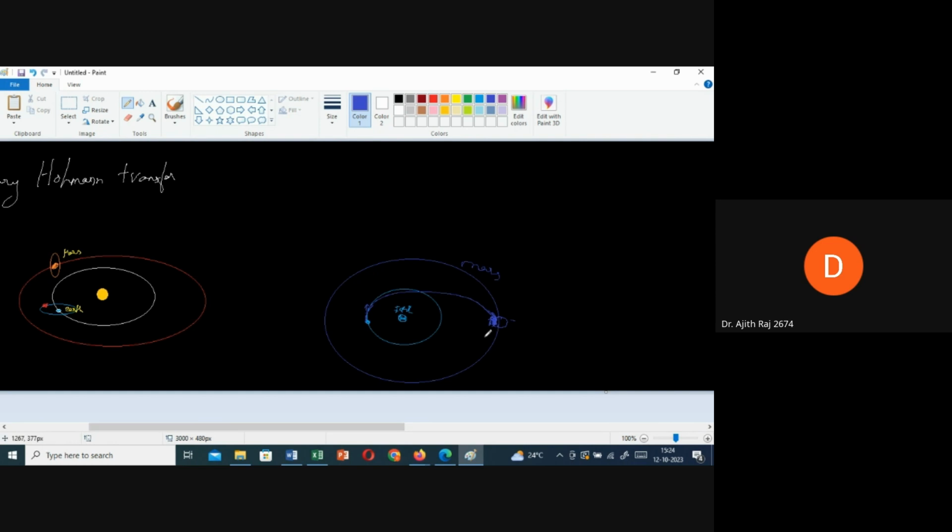I will further increase or decrease my velocity, so that I convert this elliptical orbit further into a transfer orbit like this.